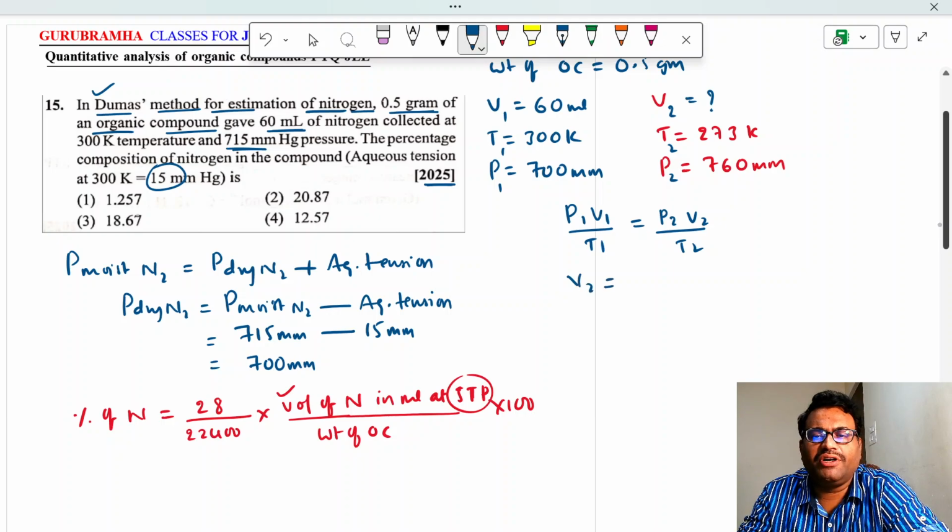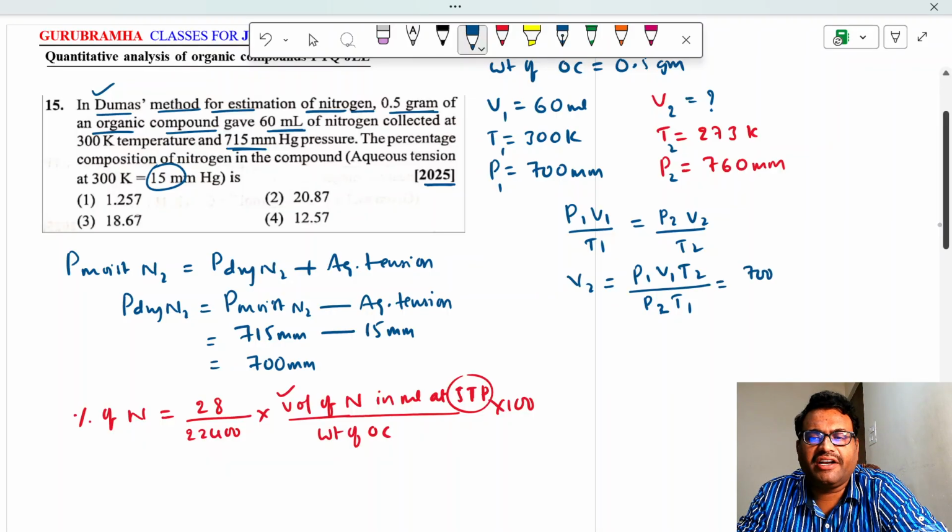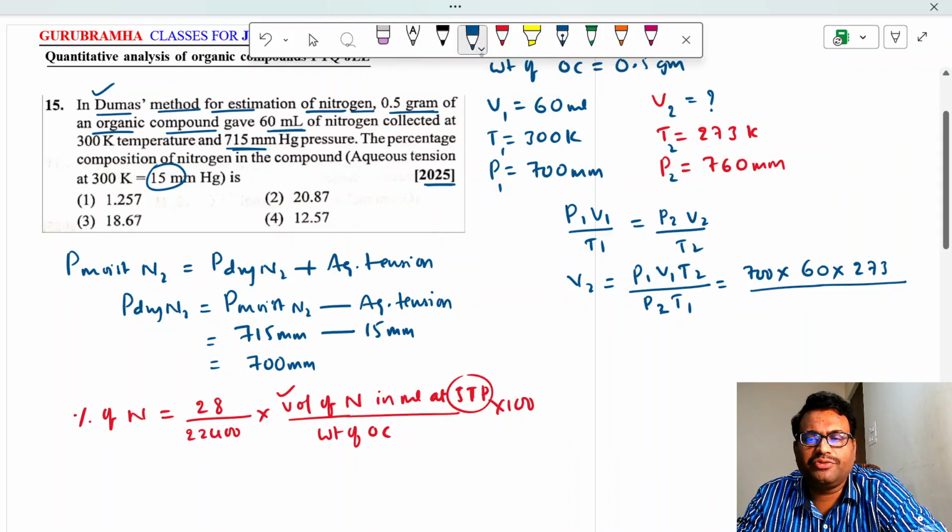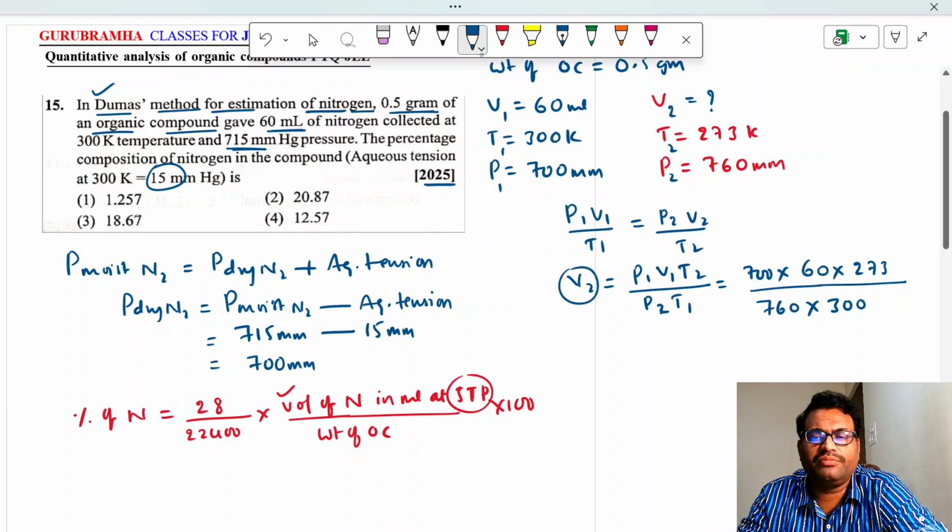Then V2 is equal to P1 V1 T2 by P2 T1, which is equal to P1 700 into V1 60 ml into T2 273 Kelvin by P2 760 into T1 300 Kelvin, not using the units. So this is the volume of nitrogen at STP.